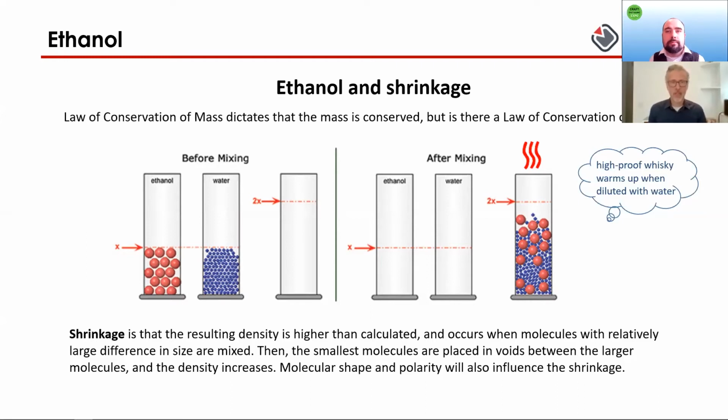Makes sense, right? But in this case, it doesn't, because the smaller molecules of the water sit in between the larger ethanol molecules, and on top of this, they make very strong bonds. So they are packed quite densely together. While we're mixing, we also have a release of a little bit of heat. The best way to describe this, maybe a bit simplistic, is to imagine you have a bucket of sand and you start adding water.